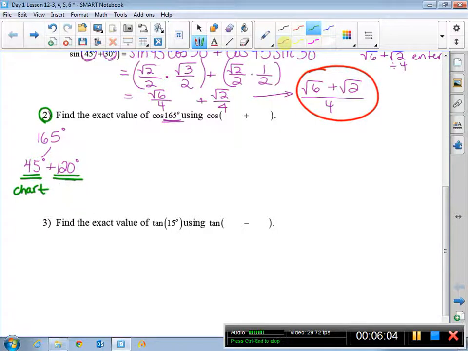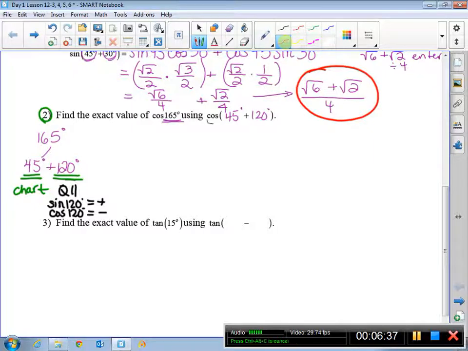You can just try and remember 120 lands in quadrant 2, and so the sine of 120 will be positive, and the cosine of 120 will be negative. And again, it's based on a reference angle of 60. So we want to do a little pre-planning and anticipate that the 120 will take a little more work.